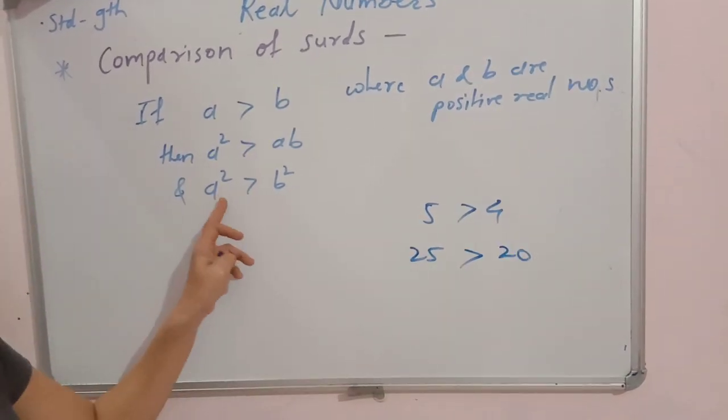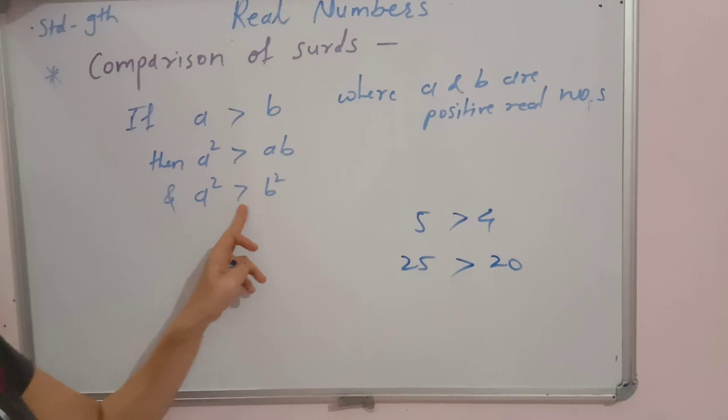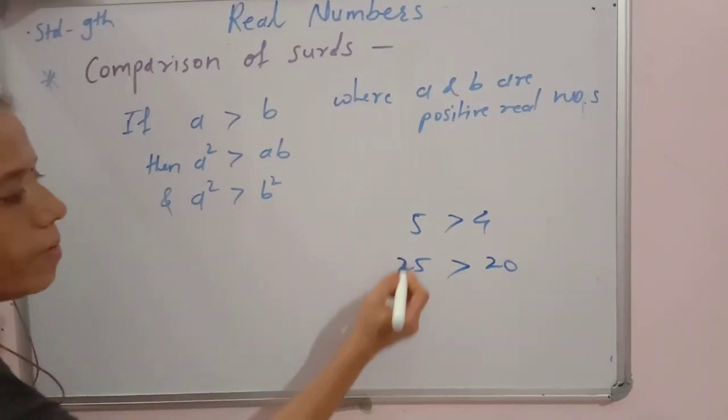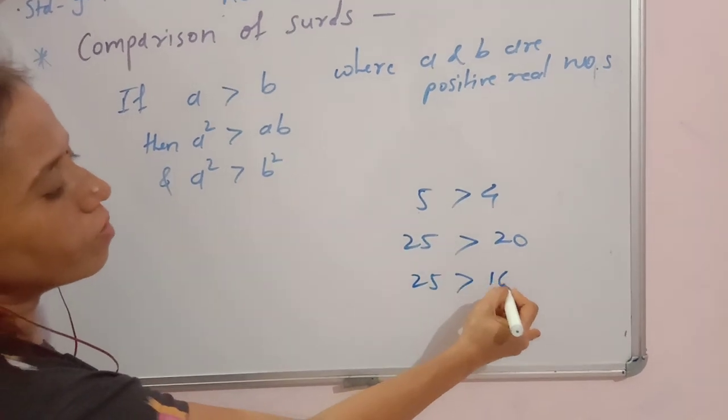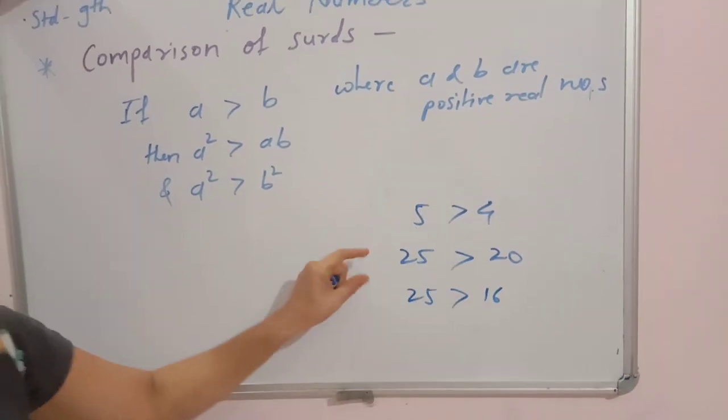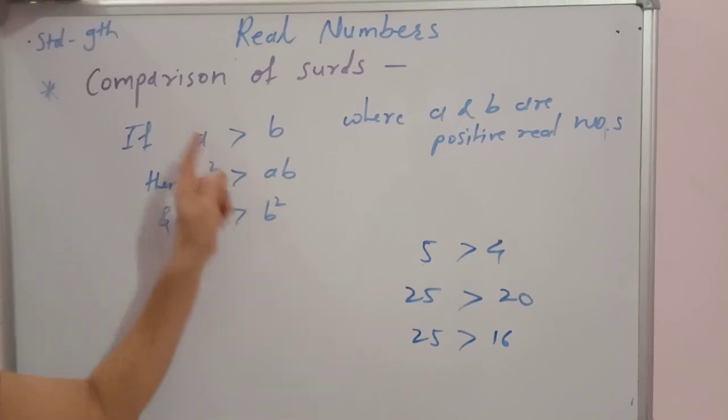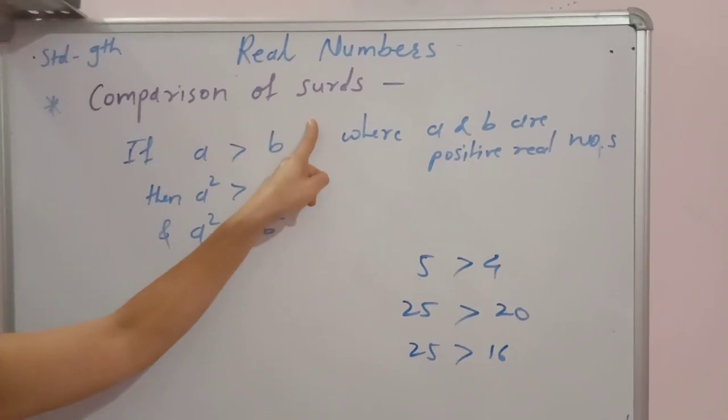As well as the second statement, a square is bigger than b square: definitely 5 square is bigger than the square of 4. So we will use this property while comparing the surds.